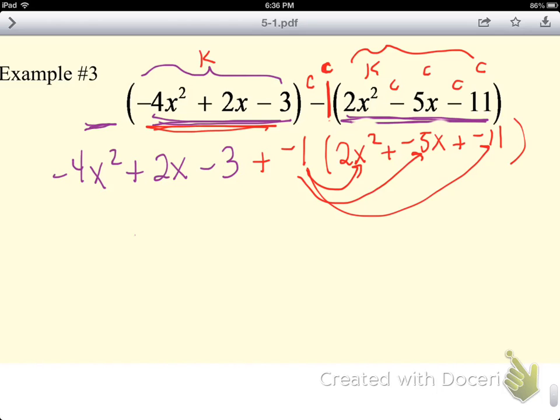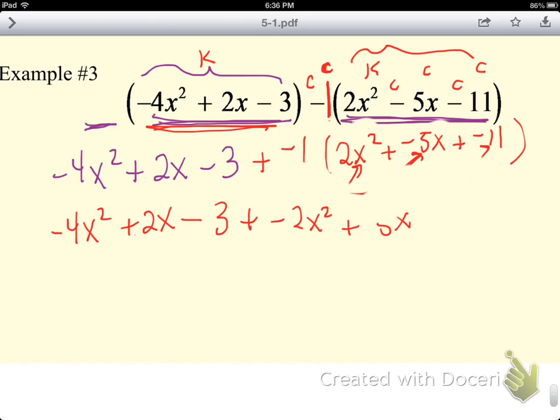So we keep negative 4x squared plus 2x minus 3, plus negative 1 times 2x squared is negative 2x squared, plus negative 1 times negative 5x is positive 5x, and negative 1 times negative 11 is just plus 11.